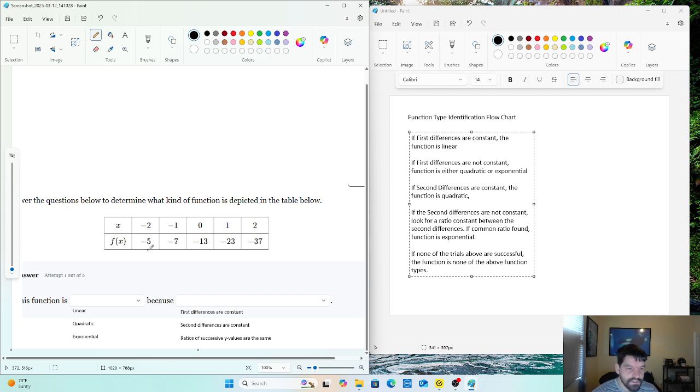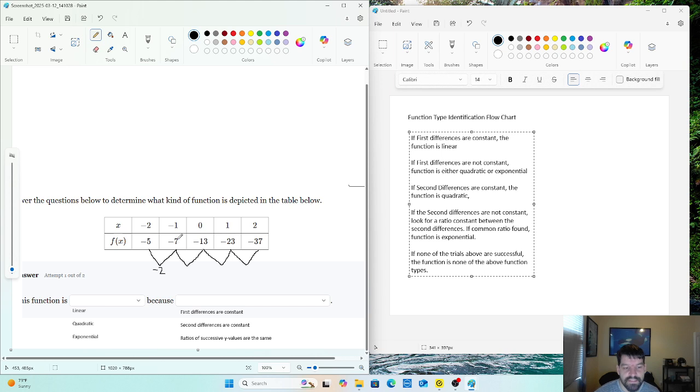So what we're going to do here is, to find the first differences, we're going to go ahead and find the differences between each of the consecutive y values that are given to us in the table. So the difference between -5 and -7 is -2.